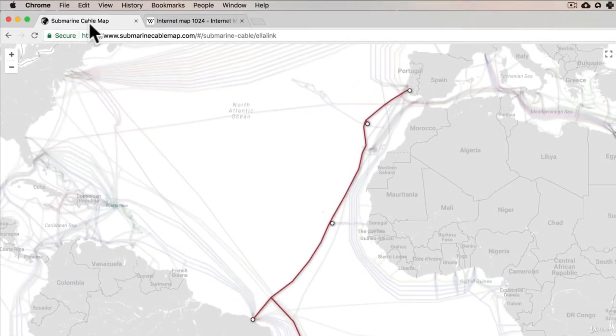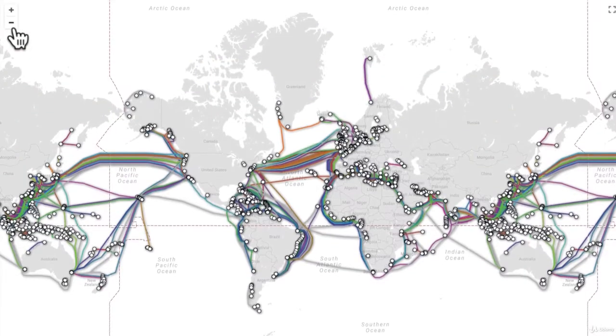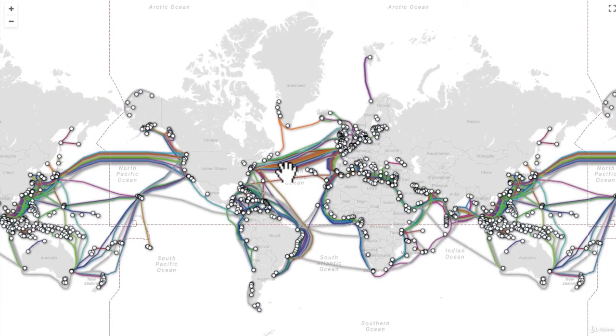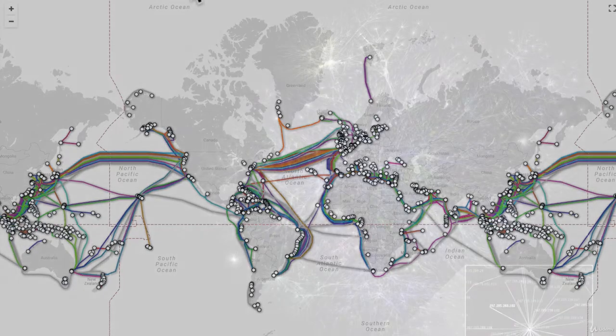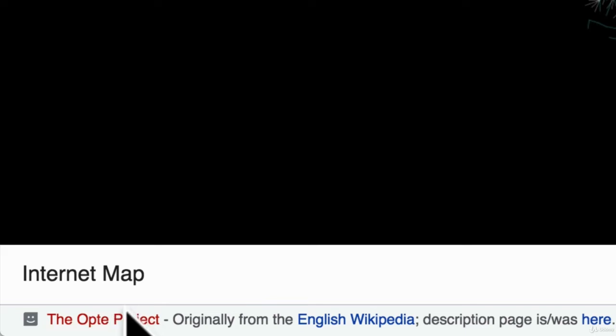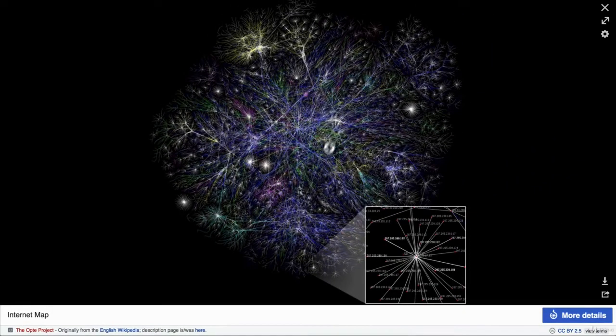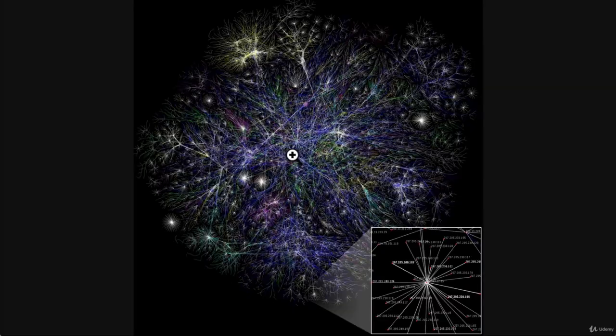But yeah, the internet backbone is literally just this network all over the world of connected cables so that we can transfer these files all over the world. And just to show you how insane this is, somebody from the Opte Project, I got this off of Wikipedia, mapped out, I believe in 2015, just 30% of the network.